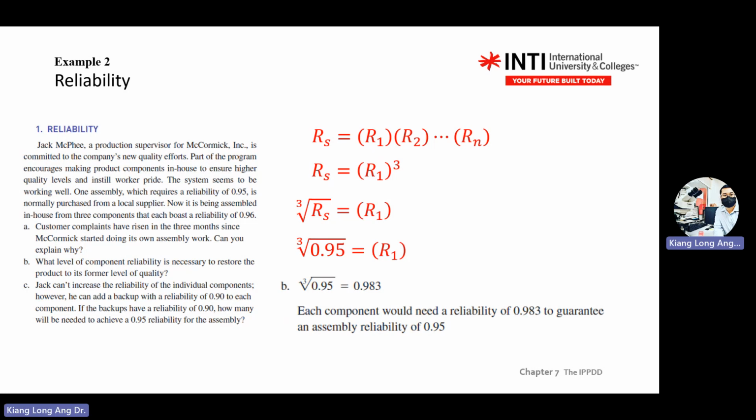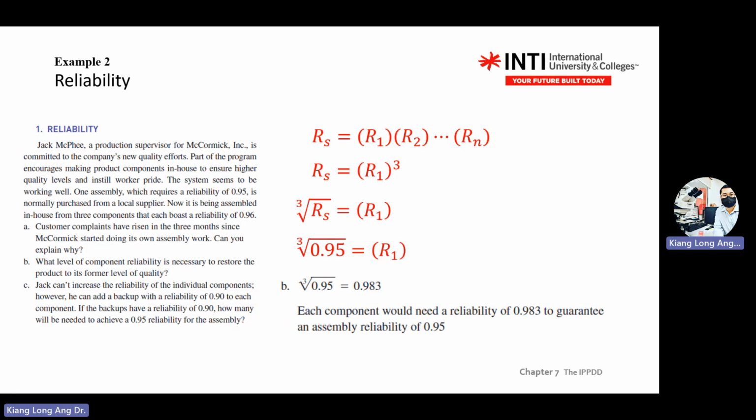The question asks what the reliability of these three individual components is, meaning R1, R1, R1. You already have RS, which is 95% from the question. So you want to find the individual component that you need to buy or install to keep 95% reliability. Make sense? So you try to understand the language, how the question asks you.